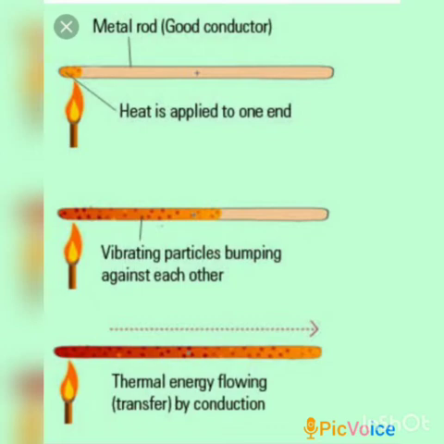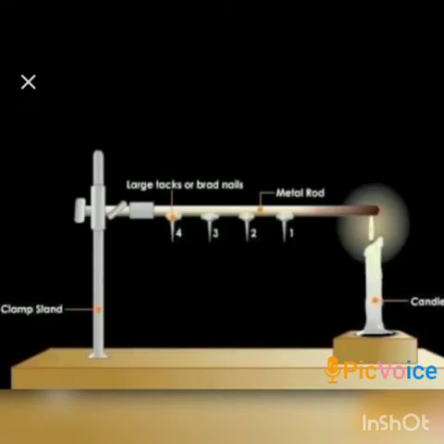We can show it by a simple activity. To show the conduction in solids, we will take a metal rod. We will coat it with a thick layer of softened melted wax. We will fix some small pins on the wax at regular intervals, and we will allow the wax to solidify and harden. Then we will fix the rod in a stand and heat the rod at one of its two ends.